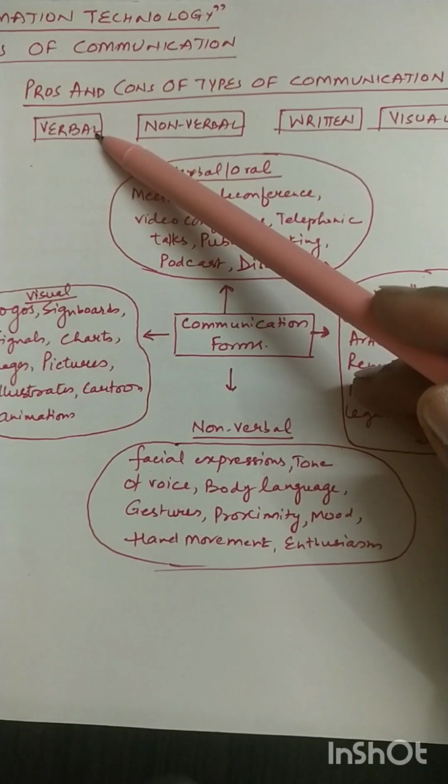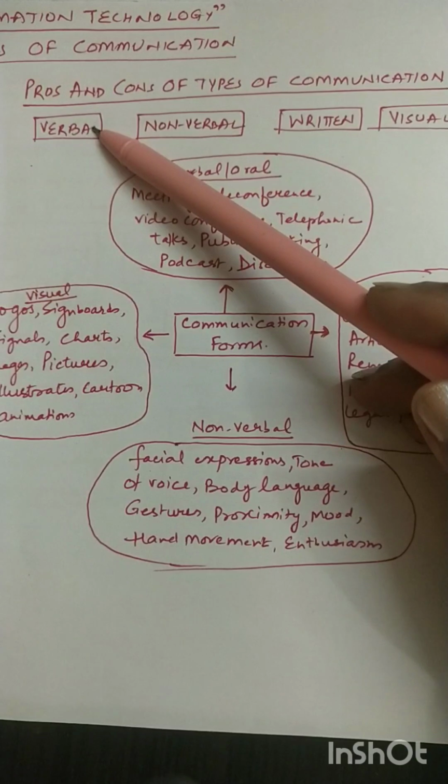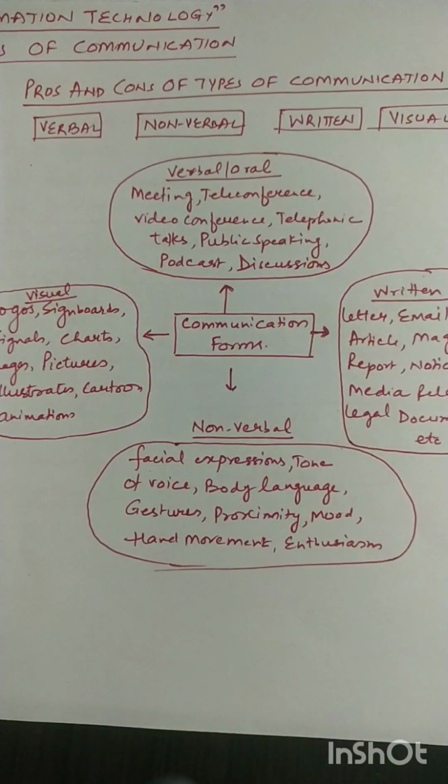Cons means the disadvantages. Now see, when we talk about verbal communication, it is not possible to represent things officially. It is not a complete form of communication. It requires proximity, meaning the sender and the receiver must be at the same place, same time to communicate.